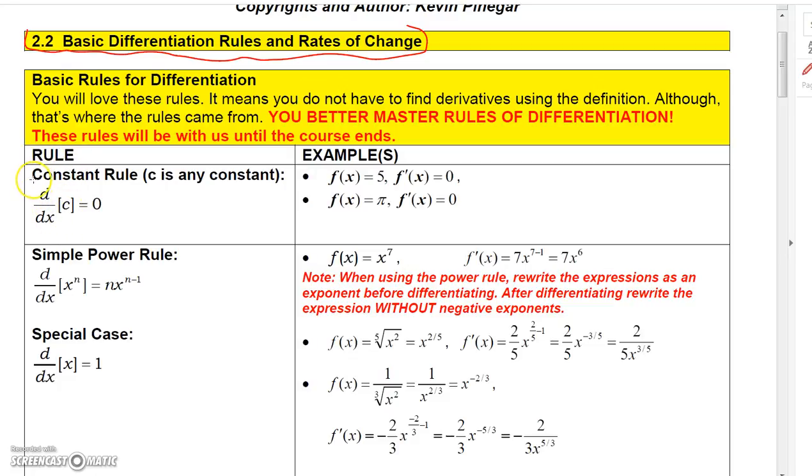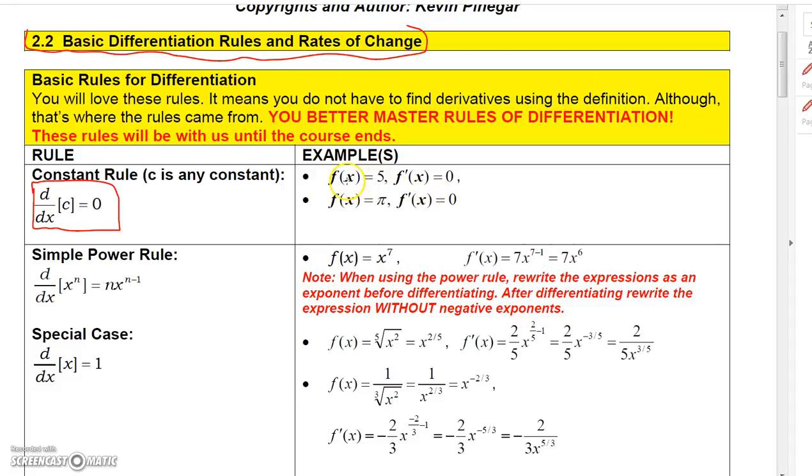Okay, the first rule is the constant rule, and it basically says the derivative of a constant is always zero. Now, if your instructor requires that you prove these rules using the definition of the derivative, then that's going to be a problem for you, because I'm not going to prove these rules in this lecture.